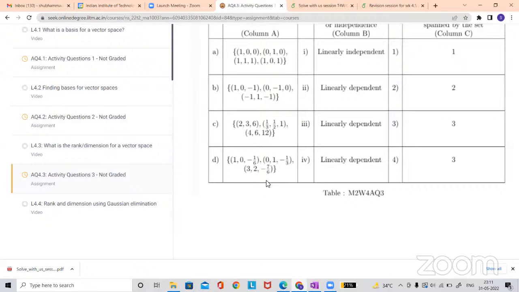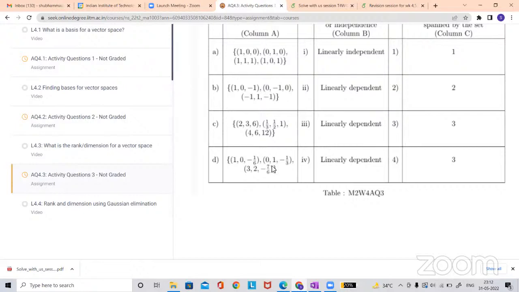If all are coming as dependent, it means only one vector is going to be independent and the rest are combinations of it. If you see these three vectors are dependent, check whether these two are dependent on each other, and these two.